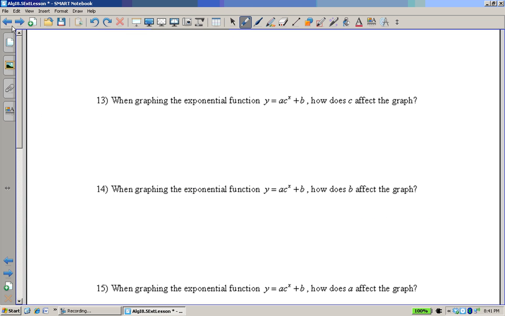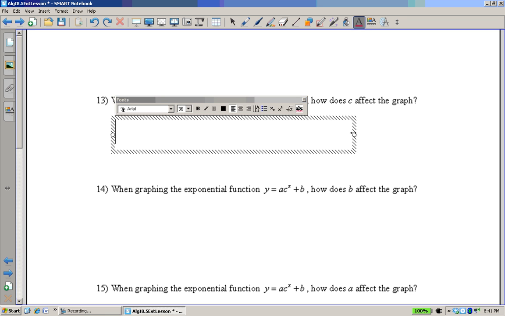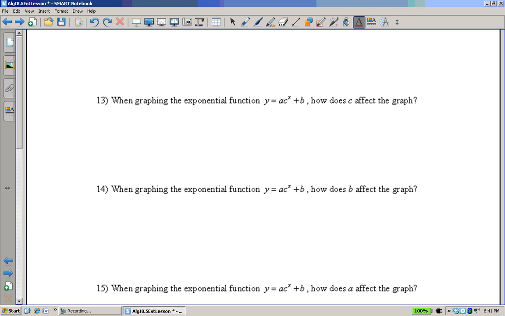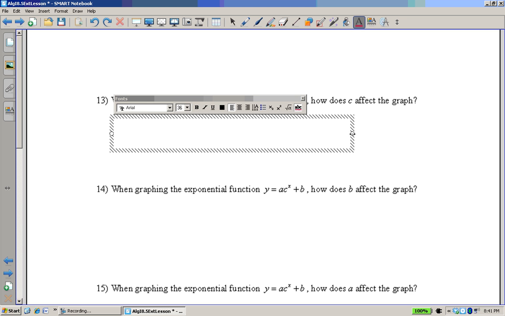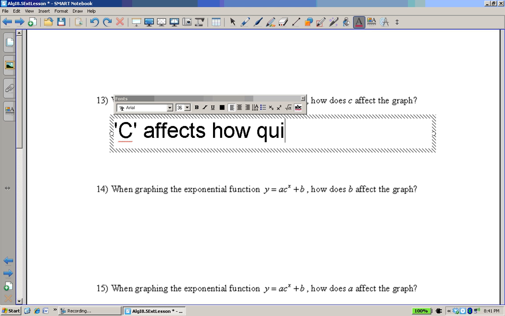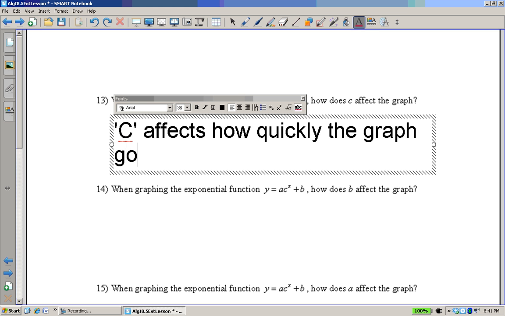Now let's look at what actually happened here. How does C affect the graph? Well, the number C is actually going to affect how quickly the graph grows and decays.